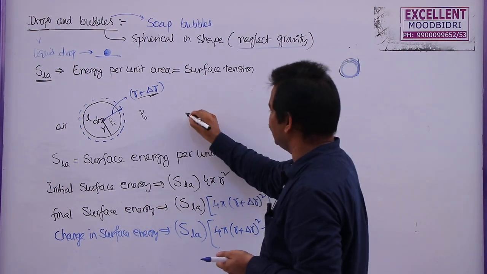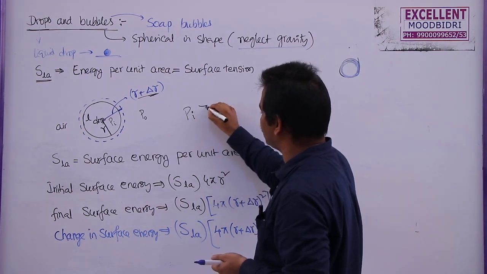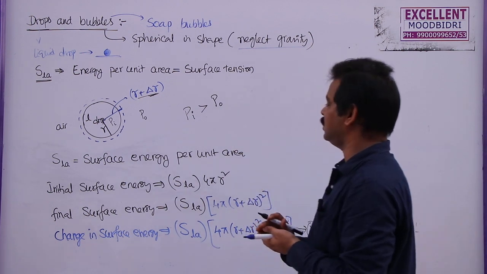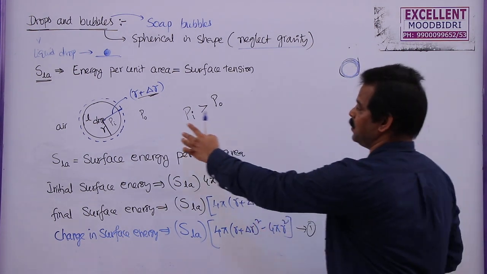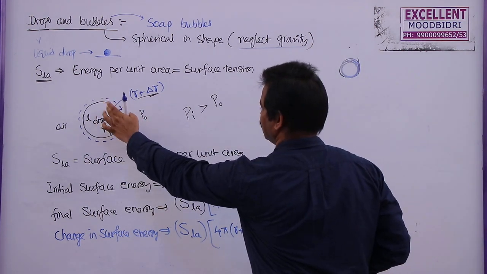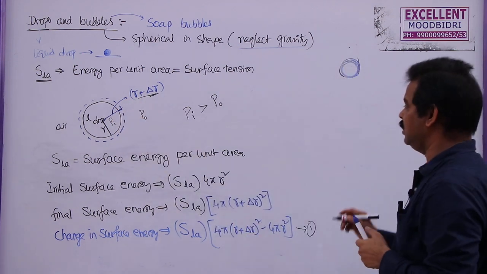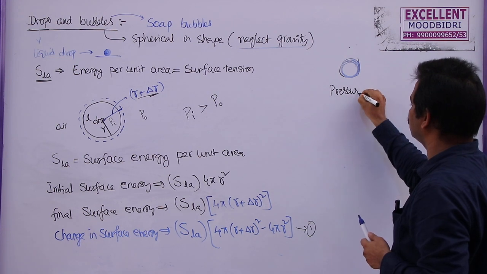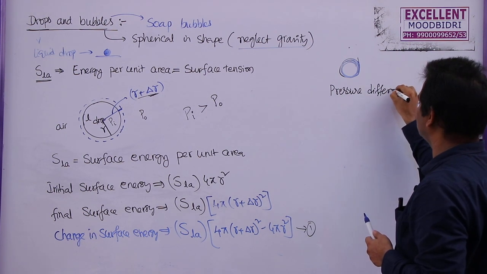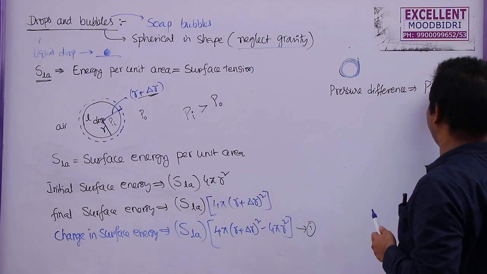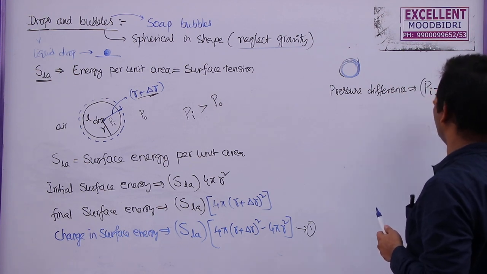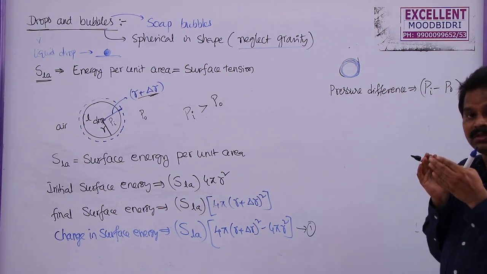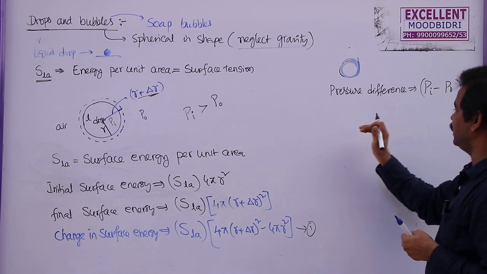It is found that the pressure inside the drop or bubble is always greater than the pressure outside. So what is the pressure difference between the inner surface and outer surface of the drop? The pressure difference is P_I minus P_O. We are doing some work against this pressure difference.